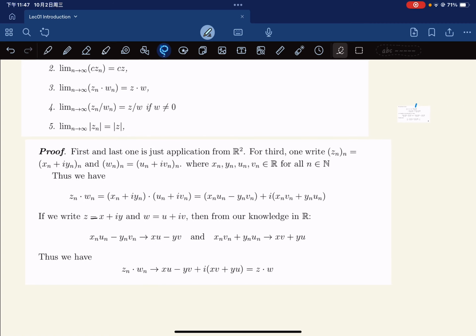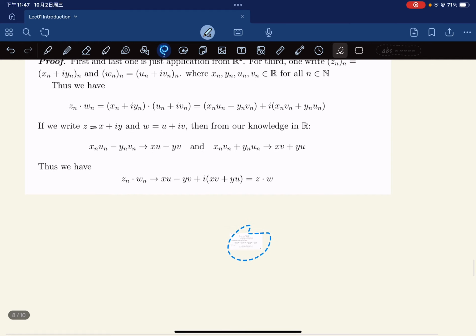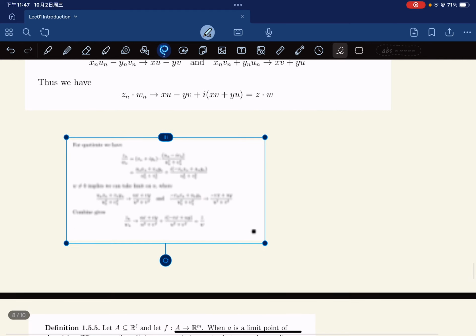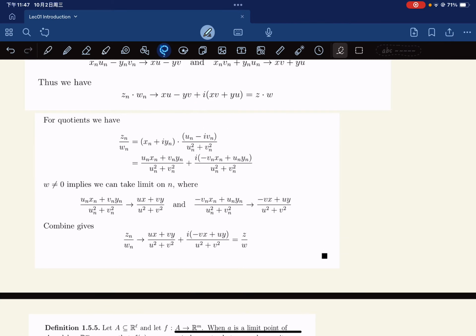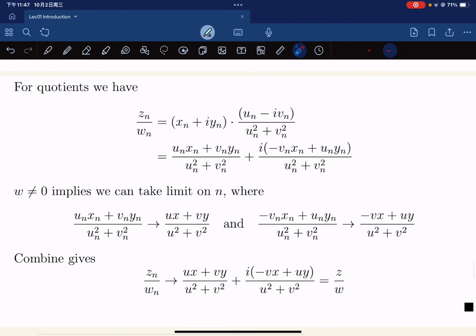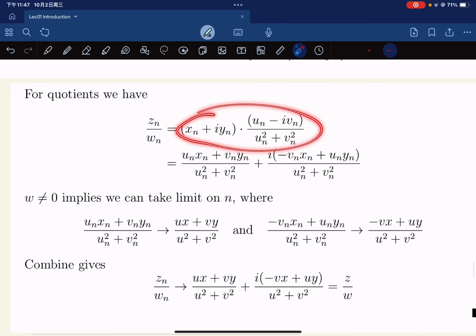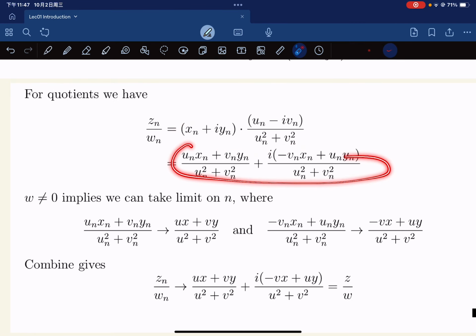And for quotient, again, just by component sequence argument in R, right? Zn over Wn is a bit more complicated, but still can be simplified into this result. And notice the denominators, W is not 0, right?